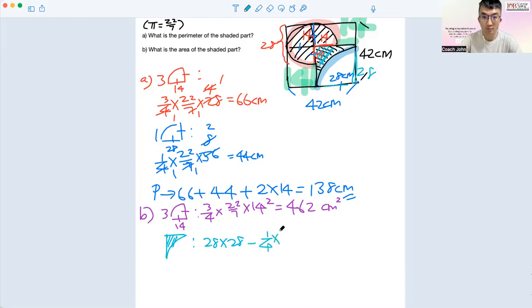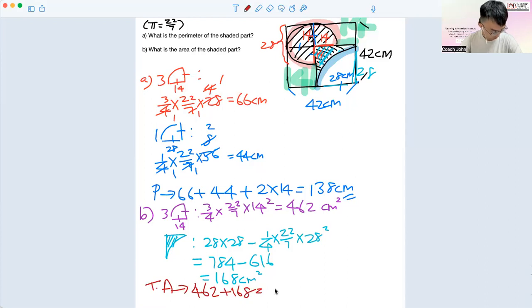So minus 1/4 pi r square. And then if you punch into your calculator, you'll be 784 minus 616. And then that will give you the final answer of 168 cm square. Yeah, so having done this, you don't stop here. You find the total area of the shaded part, which is 462 plus 168, which is 630 cm square.